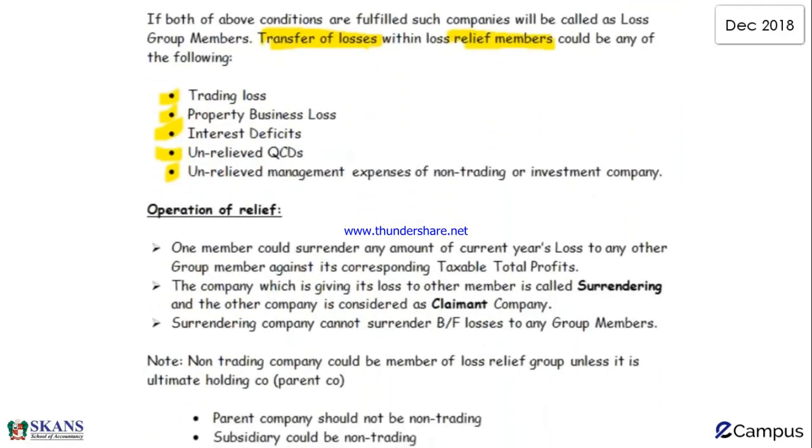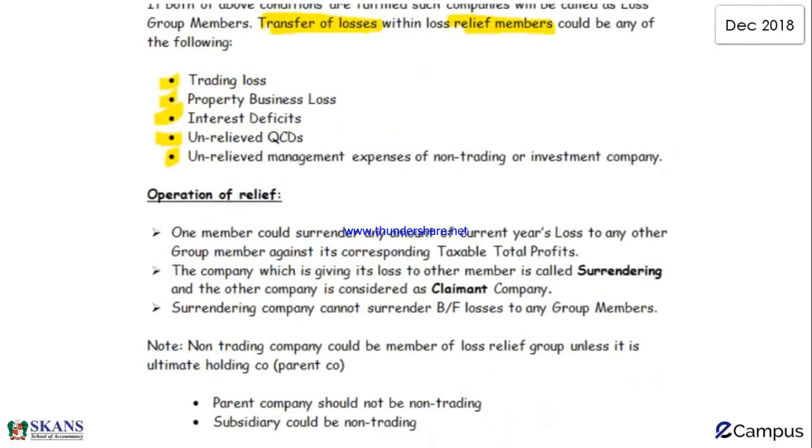Well, if both the companies, the company which is surrendering its loss and the company which is claiming the surrendering company's losses, have the same year ends, well, in that case, we can surrender any amount of our choice to any of the group members.